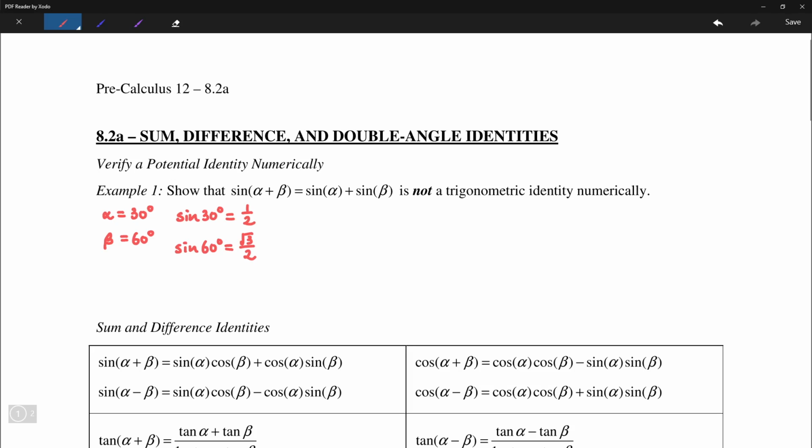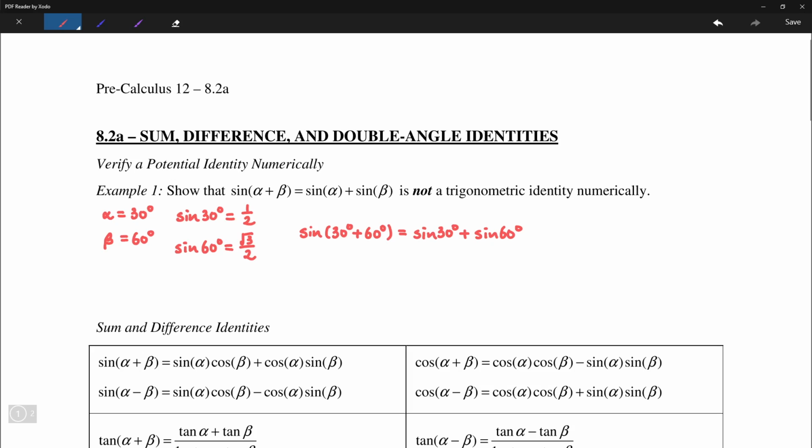Okay, so if this expression were correct, then we'll have something like sine 30 degrees plus 60 degrees is equal to sine 30 degrees plus sine 60 degrees.